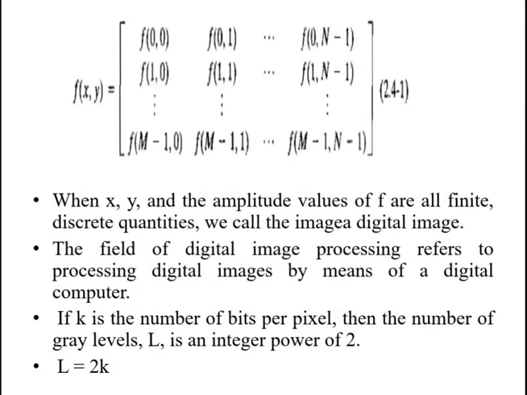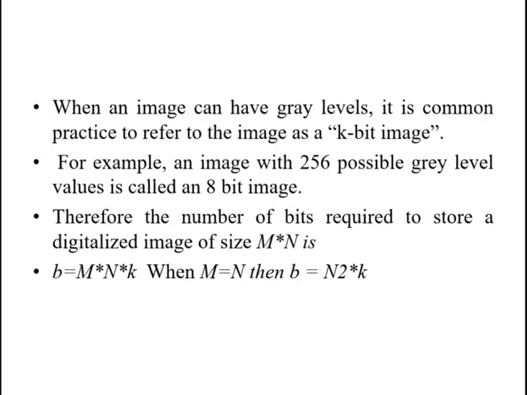The right side is a matrix of real numbers. Each element of the matrix is called an image element, picture element, pixel or pel. The terms image and pixel are used throughout this chapter to denote the digital image and its elements.